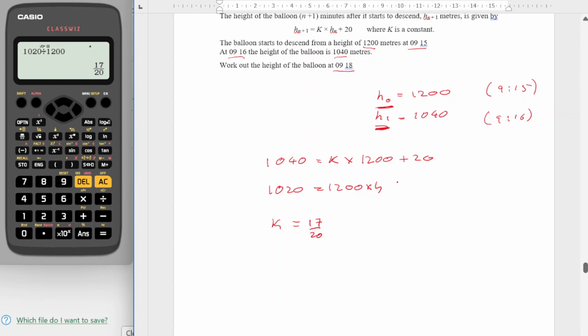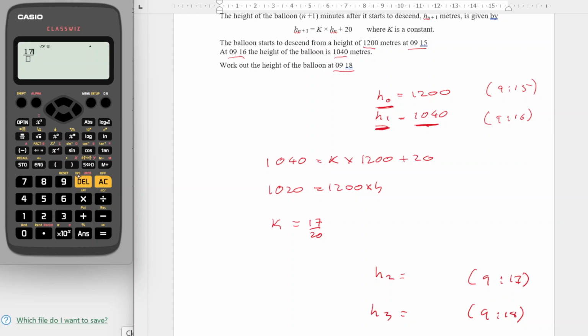And what I'm going to do now is I'm going to put H1 in, and I'm going to work out H2, which would be 9:17, and then H3, which would be the time I'm after, 9:18. So I'm going to use a kind of an iterative version of the formula then. So I've got this. I'm going to start from the beginning just to give myself confidence that I've got it right. So that's H0.